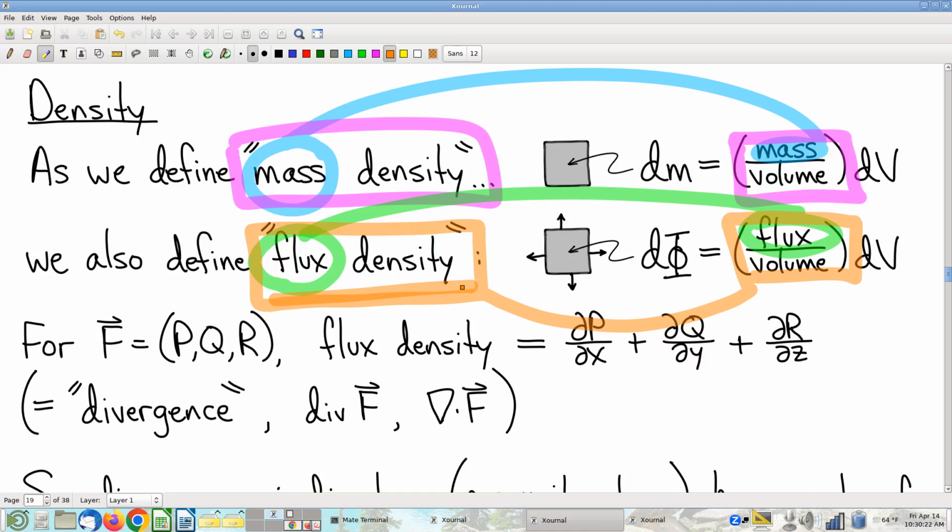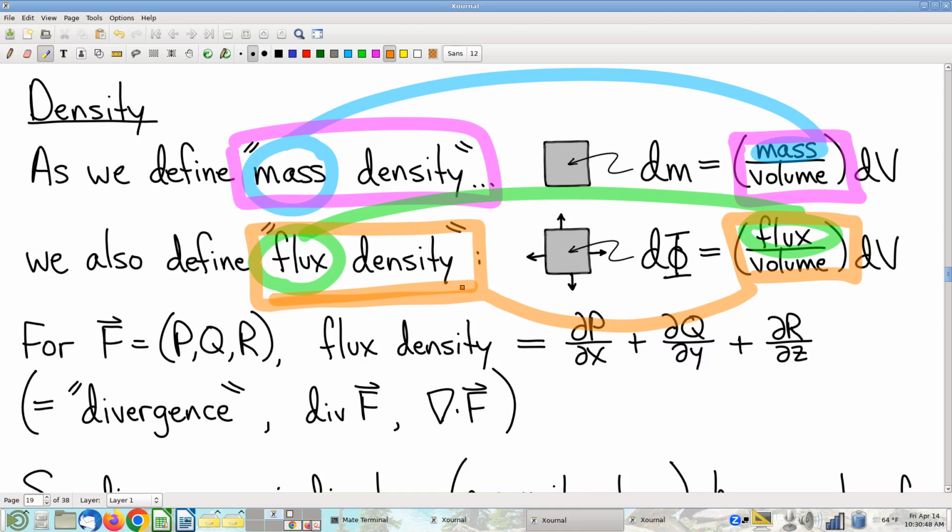I used it when we were talking about the second version of Green's theorem. And I made the observation then that this term, flux density, is actually extremely common. This is not me trying to push a point of view. This is extremely common. In my physics classes as an undergrad, I heard the term flux density more than I heard the term divergence, which we're eventually going to rename this as.